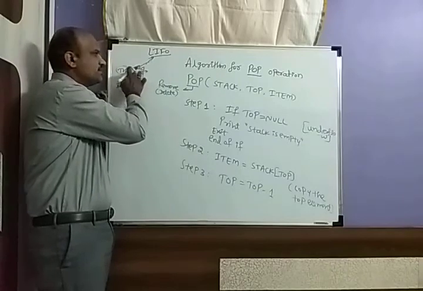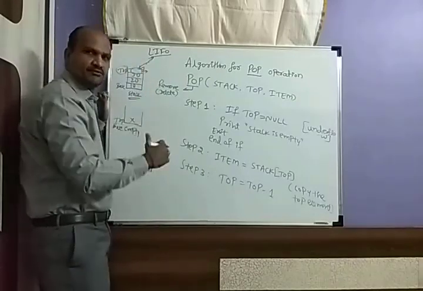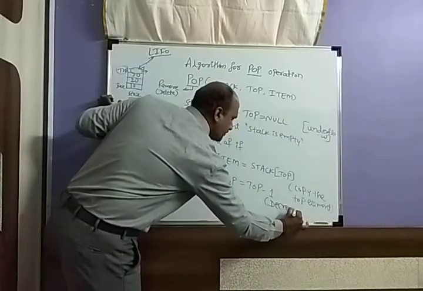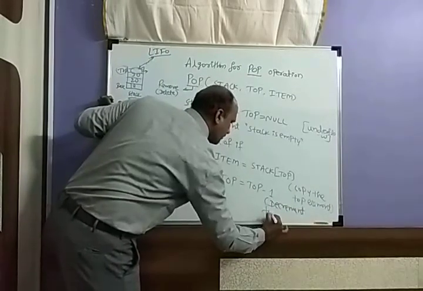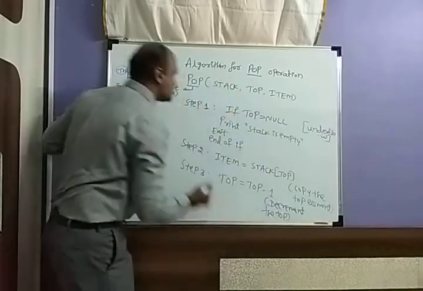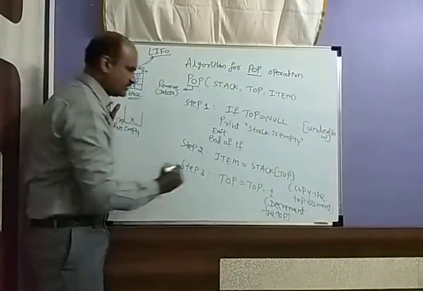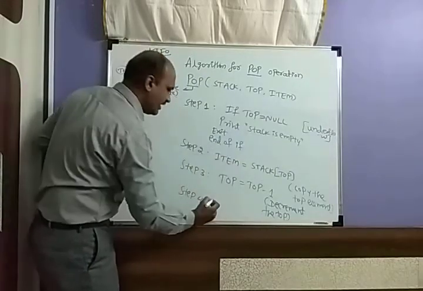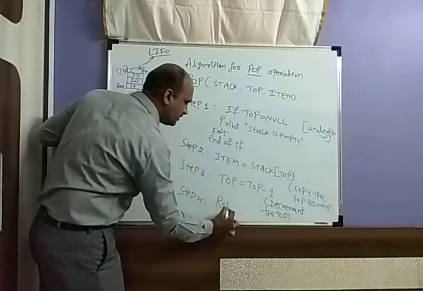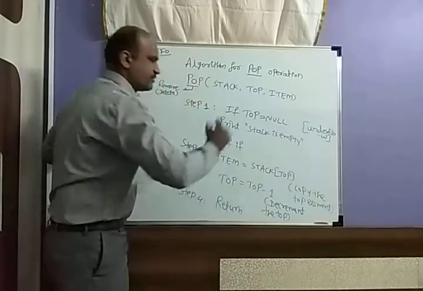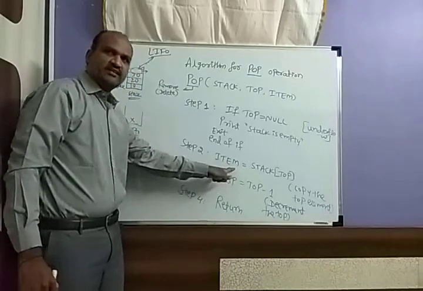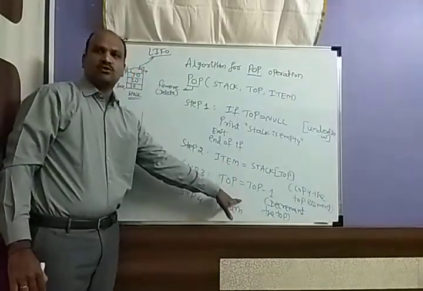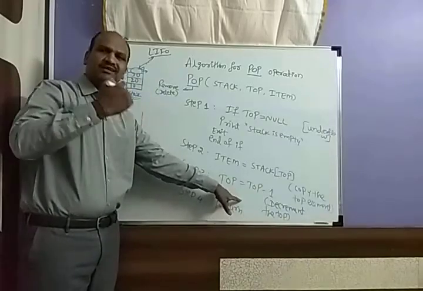Then what will happen is deleting, decrement. Decrement the top means the item will be removed. Then you follow the same procedure until the top becomes null, and then it will return. First you assign the stack of top, then remove the item, that is, top is equal to top minus 1, and the top is decremented.